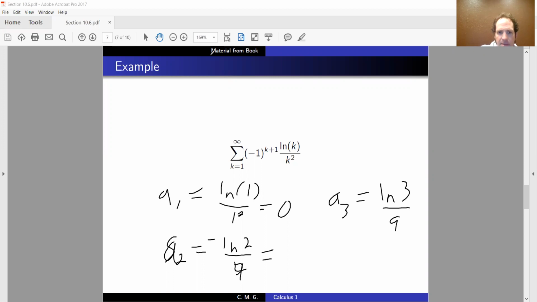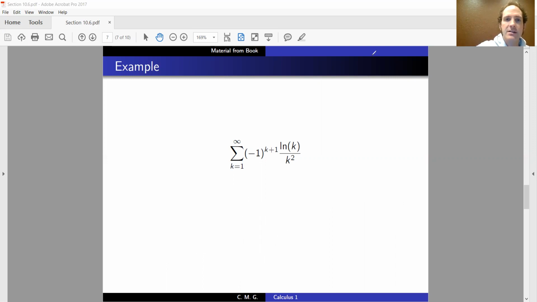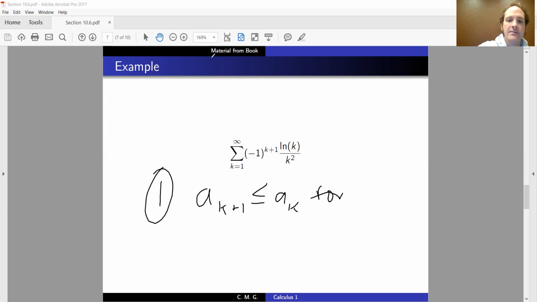So notice the first term is smaller than the second term, but the second term is bigger than the third term, which is bigger than the fourth term, which is bigger than the fifth term. So we do have that first condition here. And that first condition said that a_(k+1) is less than or equal to a_k for k beyond something. And so here I can say k greater than or equal to 2. So as long as we're at the second term and beyond, this is a decreasing sequence. So that's good.